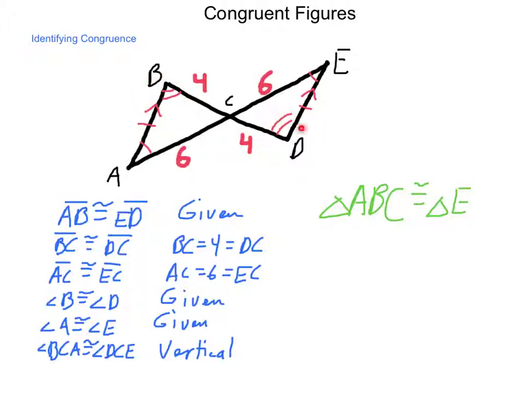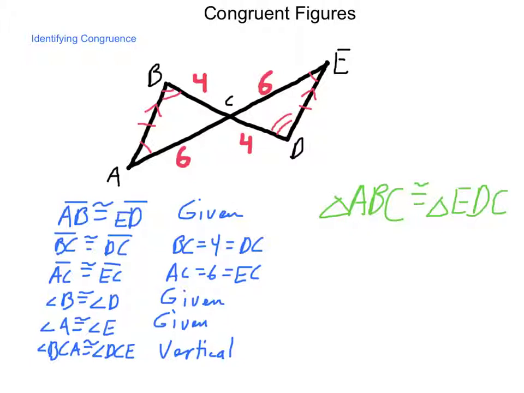Well, that was angle D. And then what was congruent to angle C? That again is going to be angle C because of those vertical angles. So we're able to identify the fact that these are congruent and list out their congruence in a proper order when it comes to triangles.